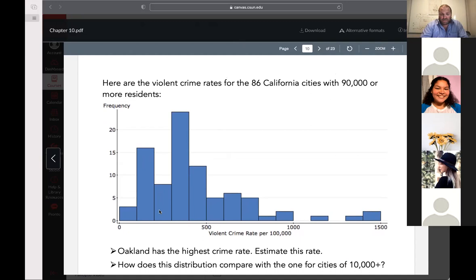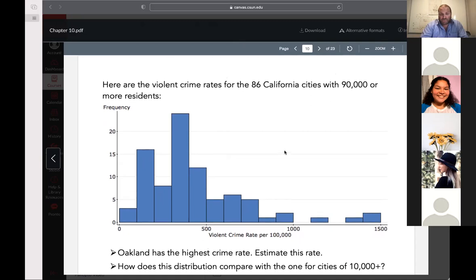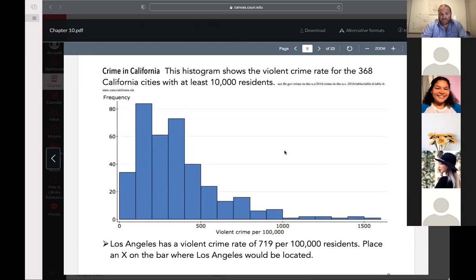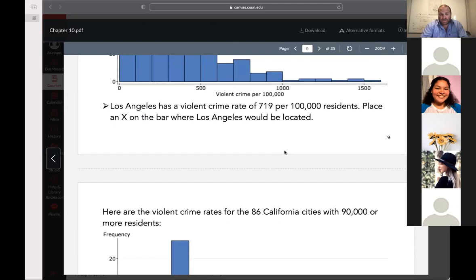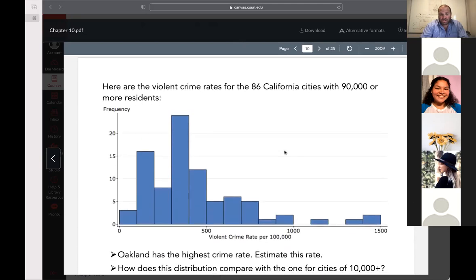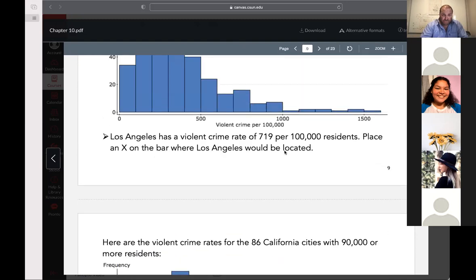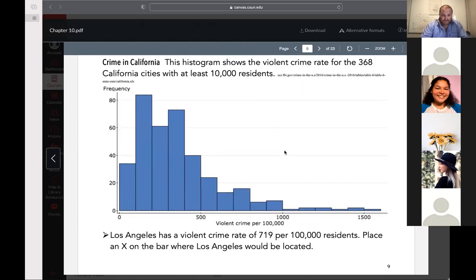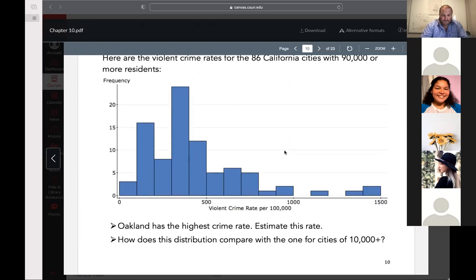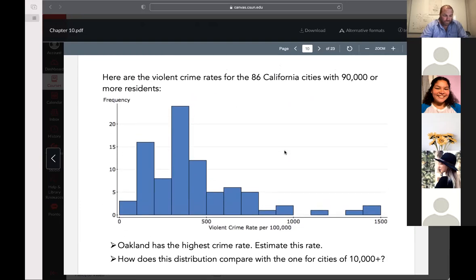Now, how does this distribution compare with the one for 10,000 plus? Here's the one for 10,000 plus again. And now here's the one for 90,000 plus. How do these distributions compare? What would you say to a question like that?